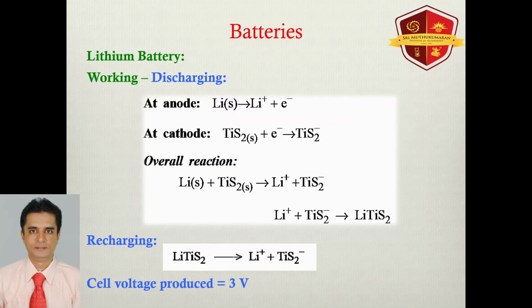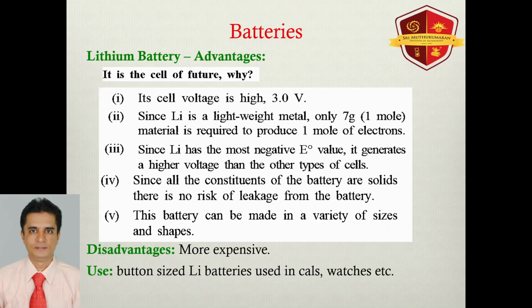On discharging, at the anode lithium is oxidized to lithium ion, and at the cathode titanium sulfide plus electron gives titanium sulfide anion. The cell voltage produced is 3 volt.